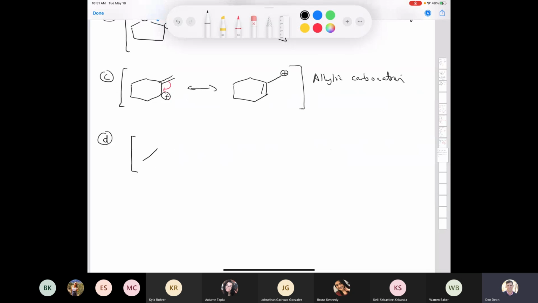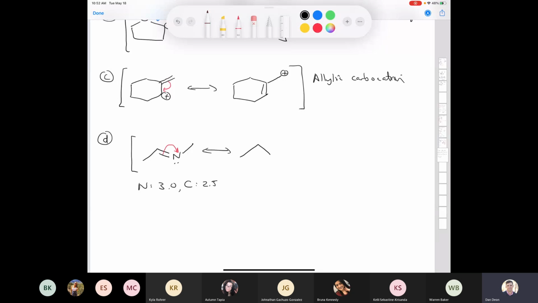Let's try D. In D, we're starting out with nitrogen like this. And so in this one, we have a pi bond between atoms of differing electronegativity, right? Nitrogen has an electronegativity of 3.0. Carbon has an electronegativity of 2.5. And so the electrons are going to be drawn towards the more electronegative element.